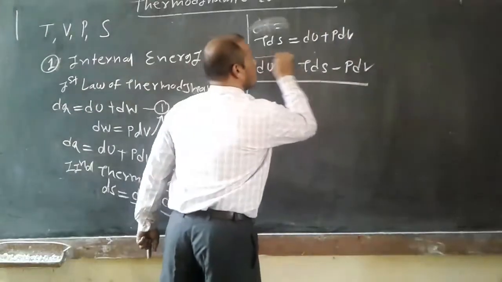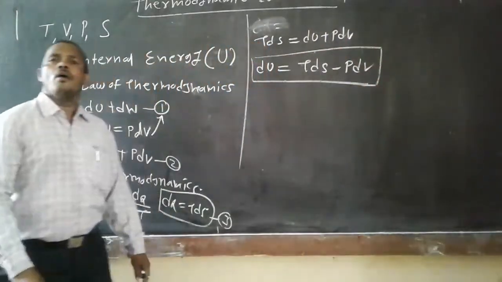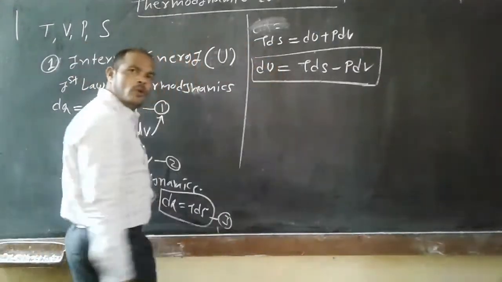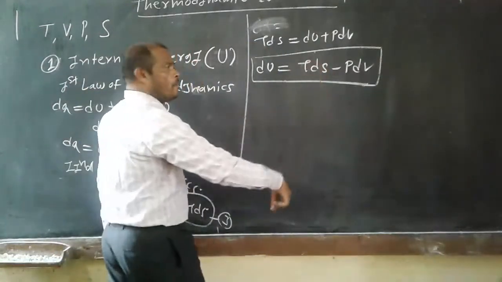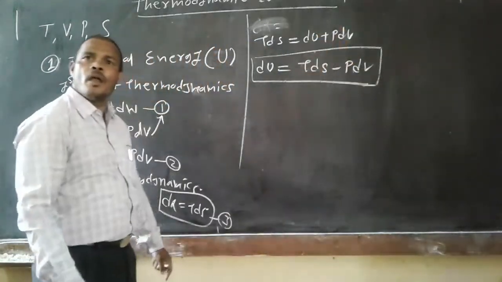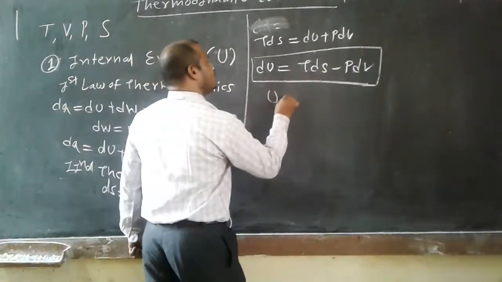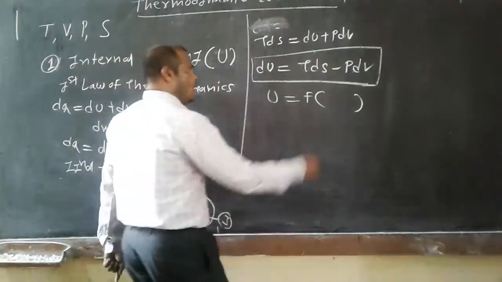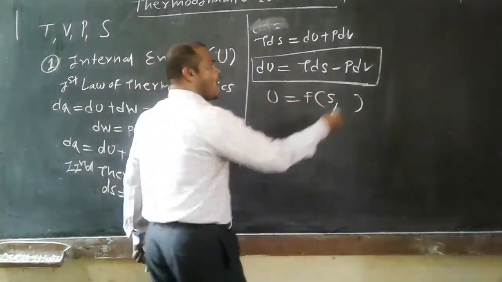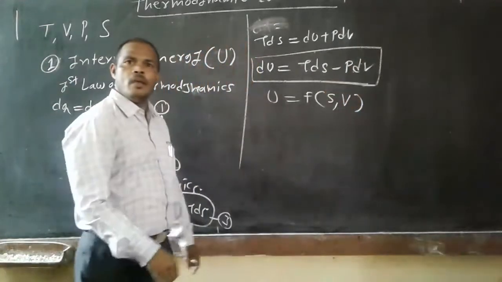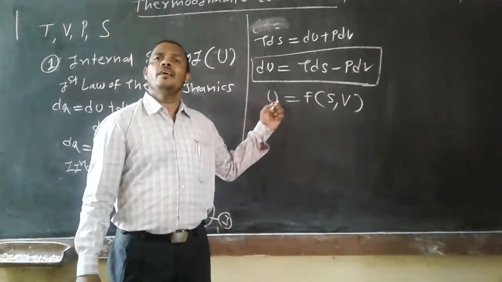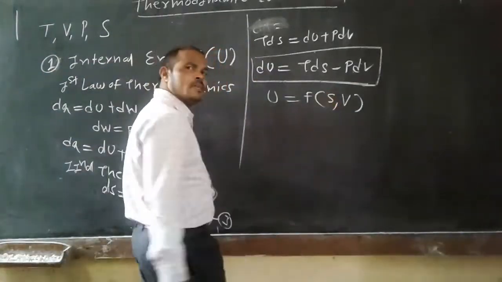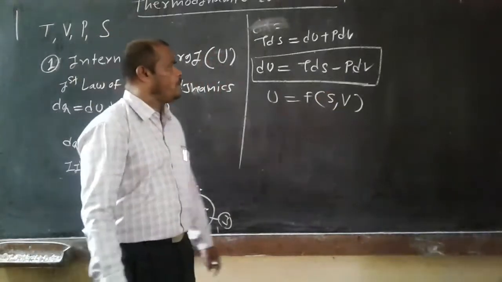So this is the important equation for the change in the internal energy, dU equal to TdS minus PdV, and internal energy is a function of the independent variables, entropy S and volume V.